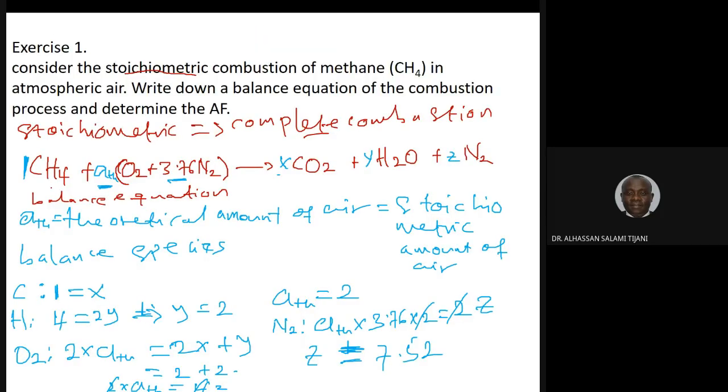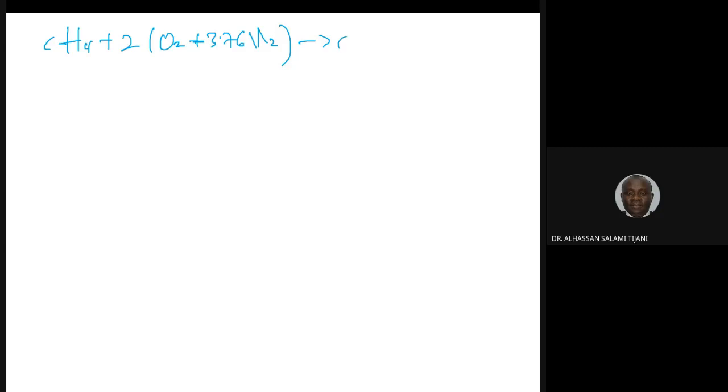All right, so now we know all the information. So we have CH4 plus 2 oxygen plus 3.76 of nitrogen. And then this gives me carbon dioxide, which is 1, so I have CO2 plus water.